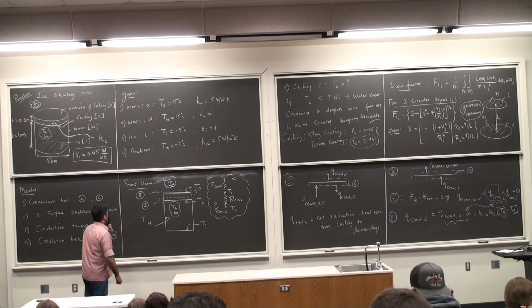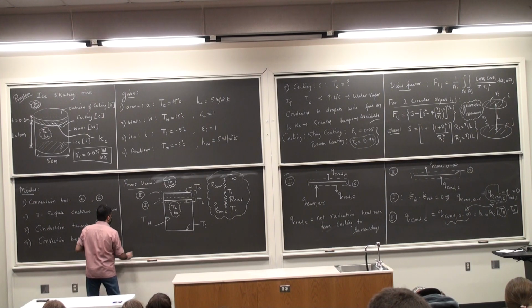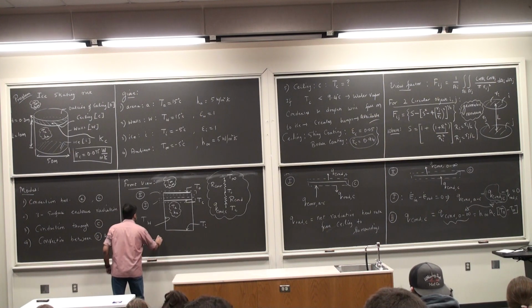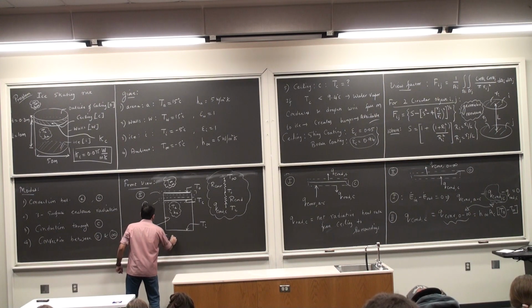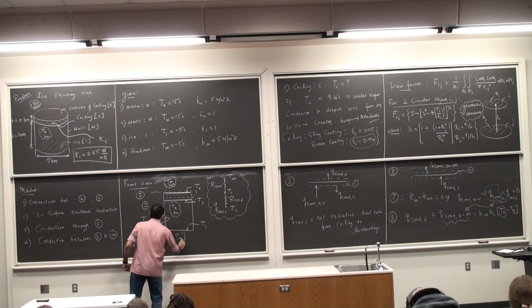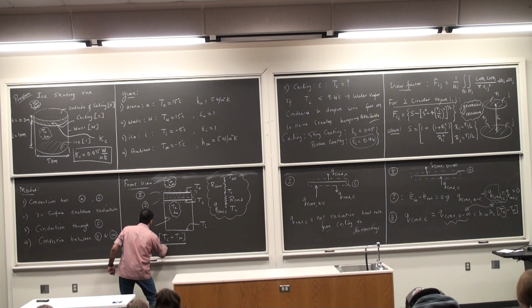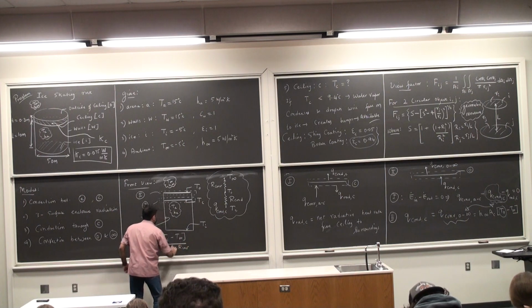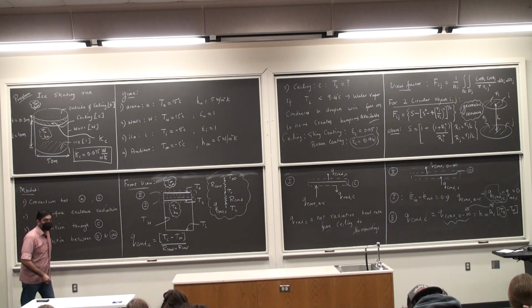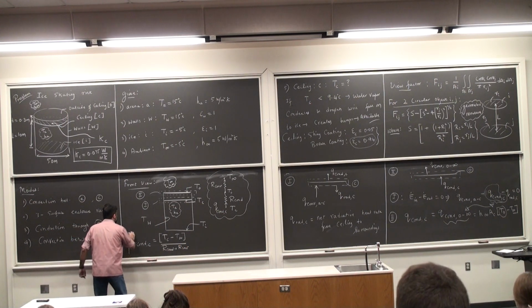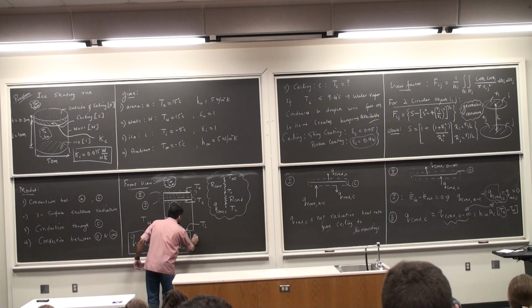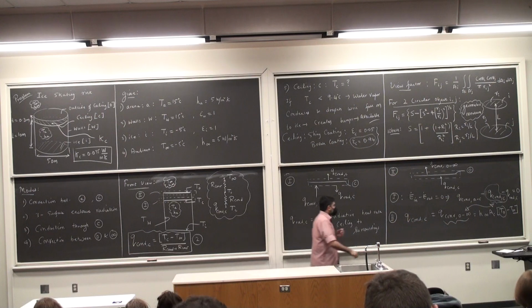Okay, so I'm going to write it out here and then combine it there. So Q conduction C is Tc minus T infinity over R conduction plus R convection. So this is the substitution I'm going to make. So this is equation 2. This is equation 1.